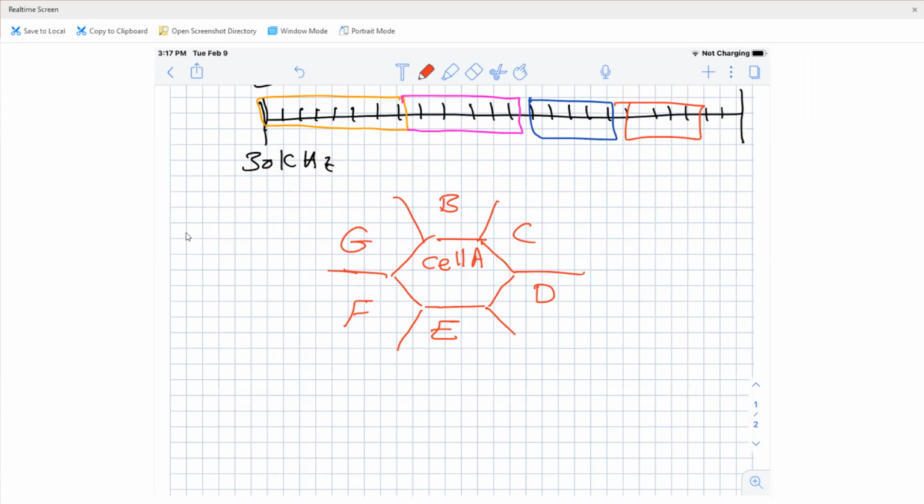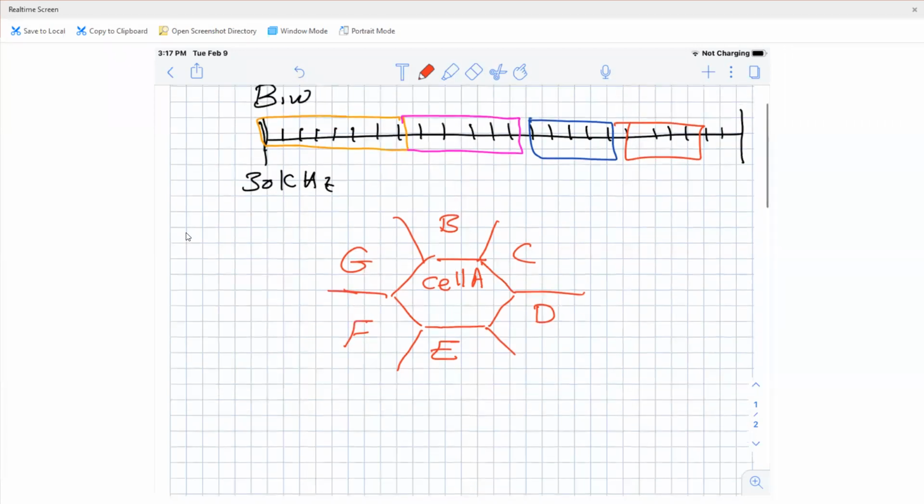So the total bandwidth will be divided into 7 groups. Say this will be group 1, 2, 3, 4, and of course extended up to 5, 6, and 7. Okay, so we have 7 different groups of channels.